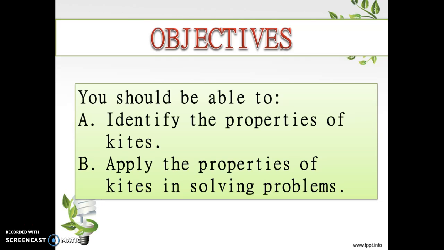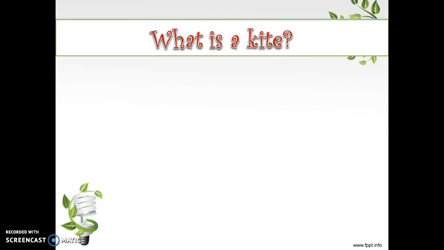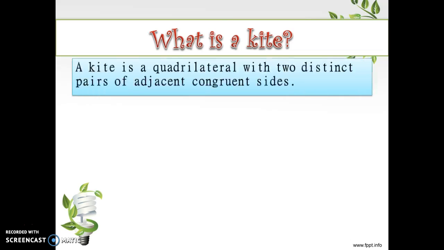So let's move on. What is a kite? A kite is a quadrilateral with two distinct pairs of adjacent congruent sides. So consider this diagram, KITE.